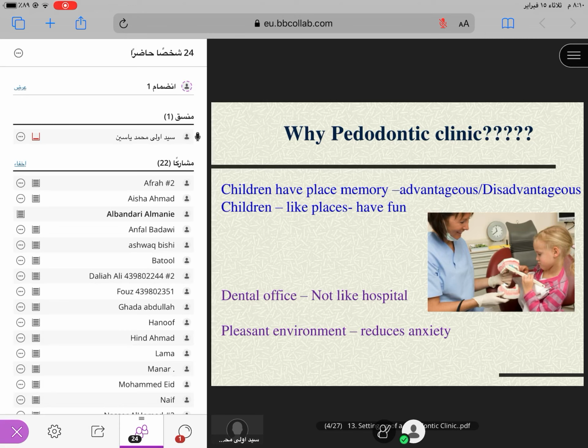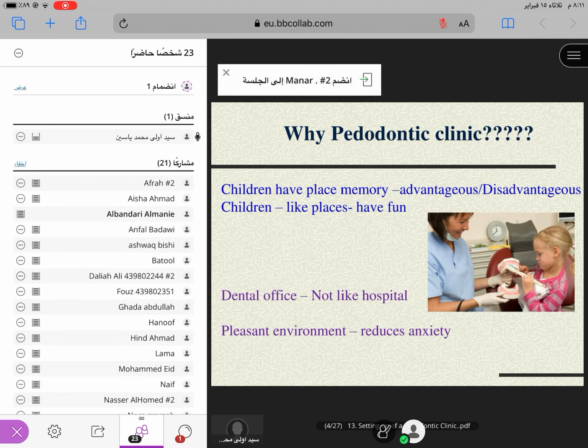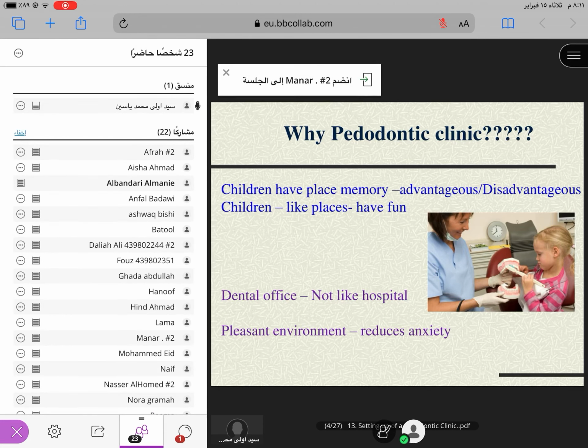If such things are there, the child can often recollect their past negative experience, and can be uncooperative on the dental chair. So as a result, when you are designing a pediatric dental setup, it should have a pleasant environment. How it should be, I will explain in the later part of the lecture. The pleasant environment reduces the anxiety of the child, reduces the fear of the child, and makes the child more comfortable.